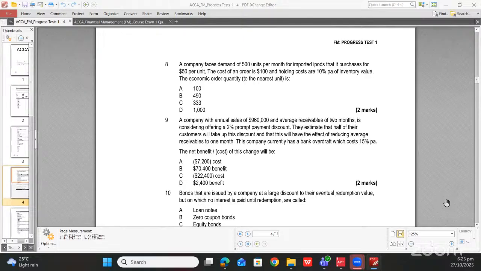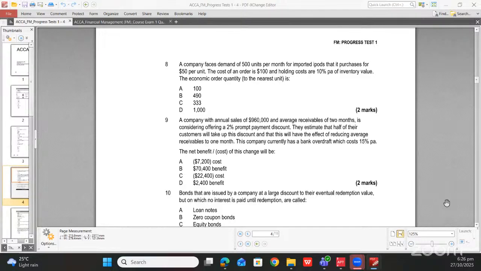So it means then that the benefit of interest savings is 12,000, but the discount cost is 9,600. Again, how do we get the 96? Half of 960,000 is going to take up the offer. That's 480,000. What is the discount? 2%. 2% of 480,000 is 9,600.